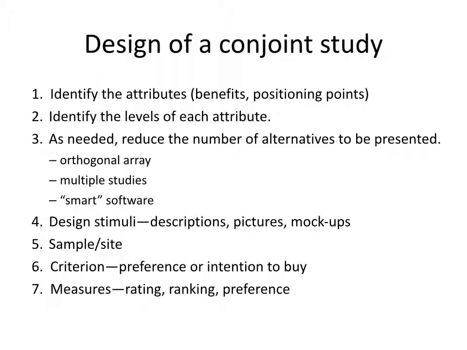The typical approach is to produce what's called an orthogonal array of alternatives. And an orthogonal array means that the analysis will yield only main effects of attribute levels and no interaction effects.